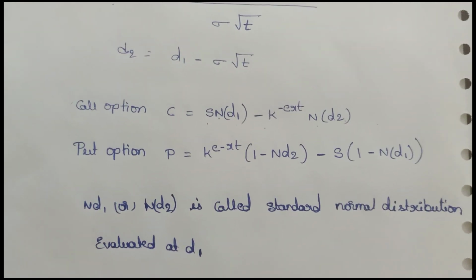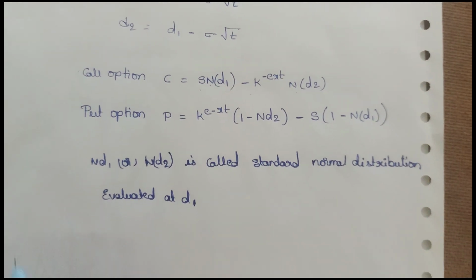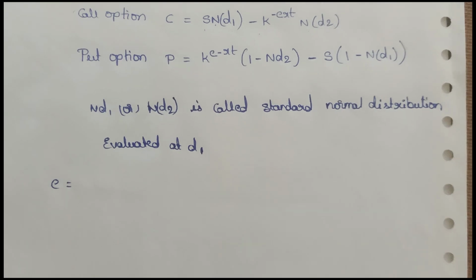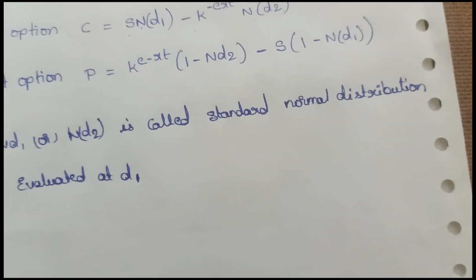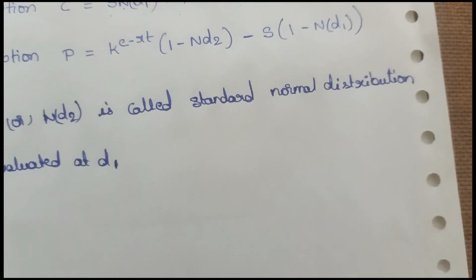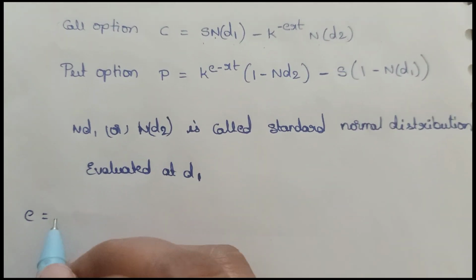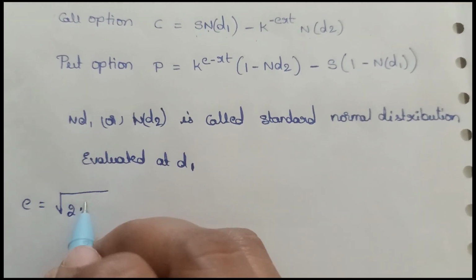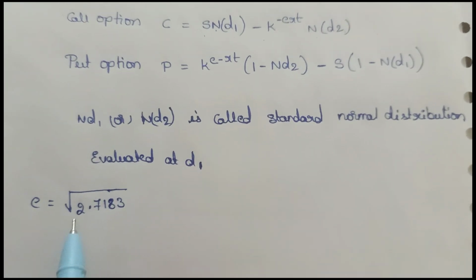One more thing I want to mention here is about e. e is a standard value. It is a permanent value, and you have to remember that the e value is very important to calculate in the sum. e is equal to 2.7183.